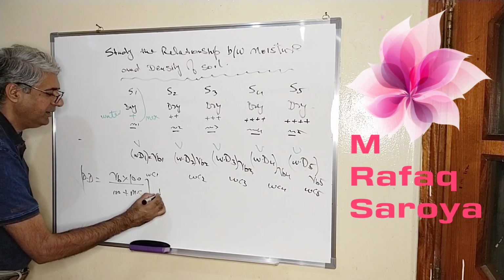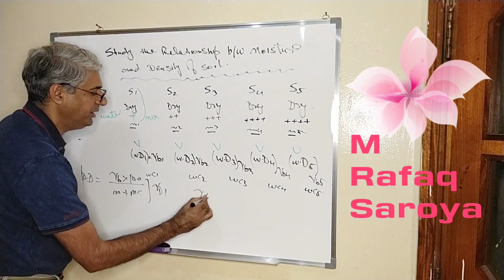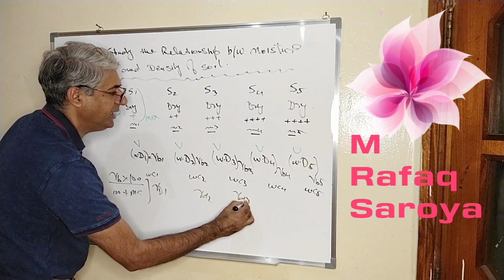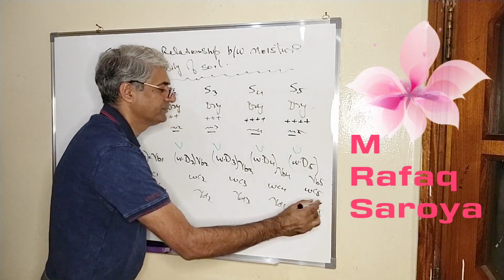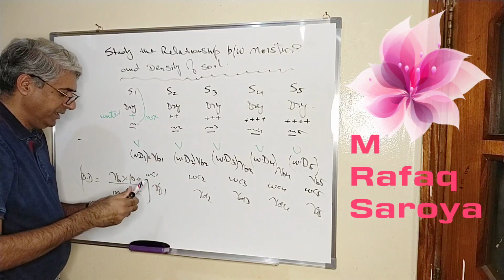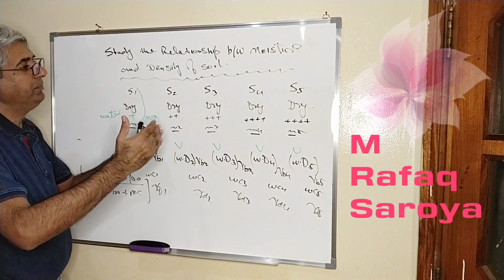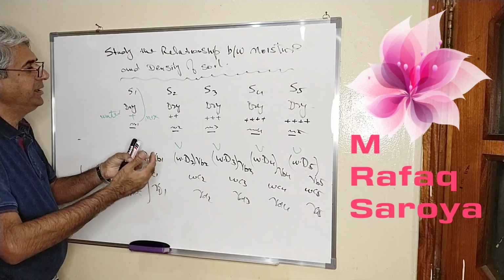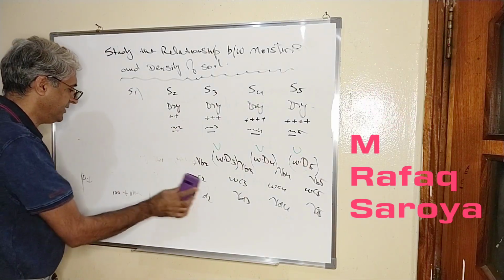So it will be gamma D1, gamma D2, gamma D3, gamma D4, and gamma D5. Whatever things I have explained over here, I will give you one example. Then you will be able to understand very well how the calculation is done. Let me rub all this.